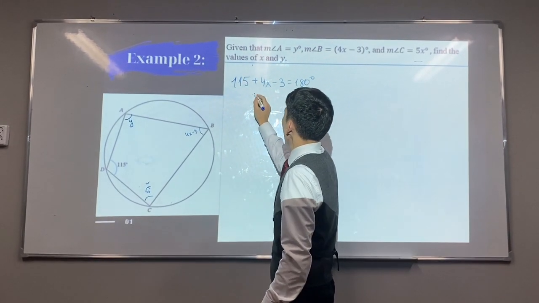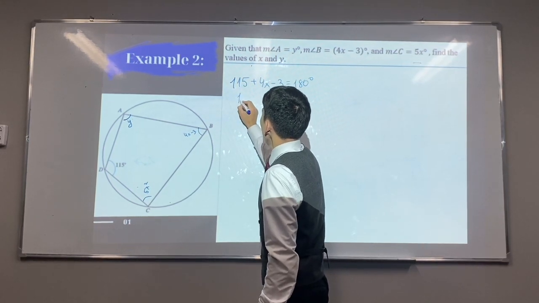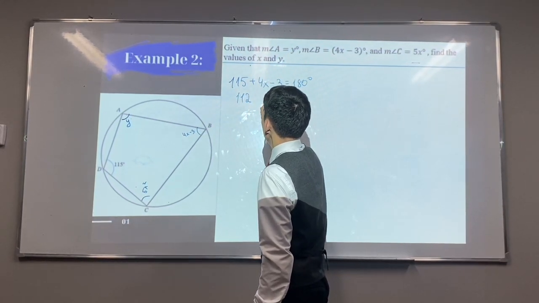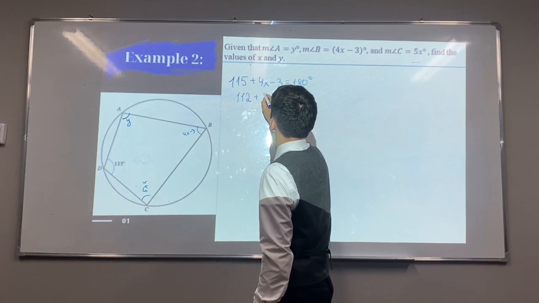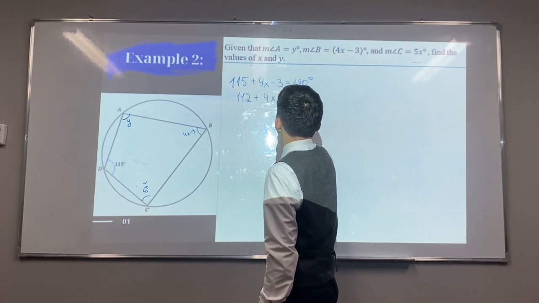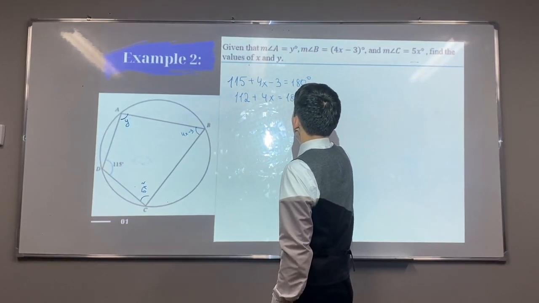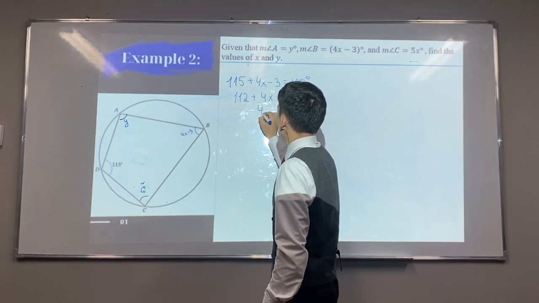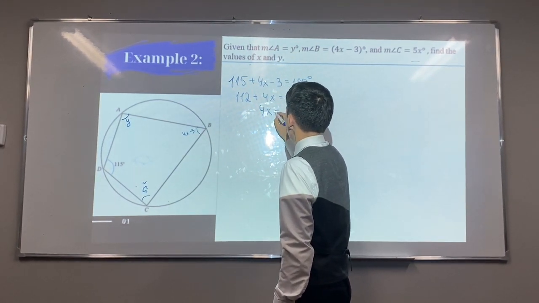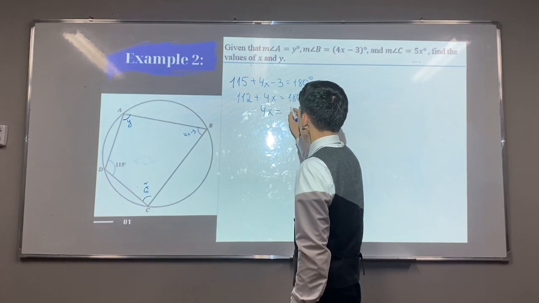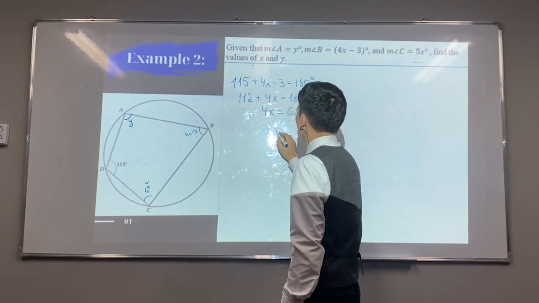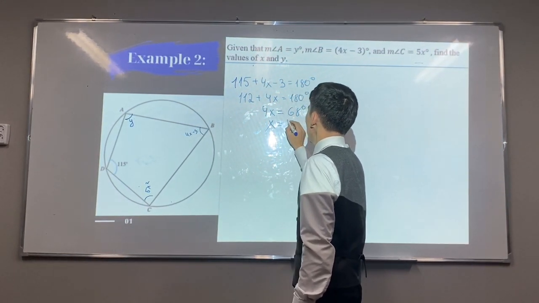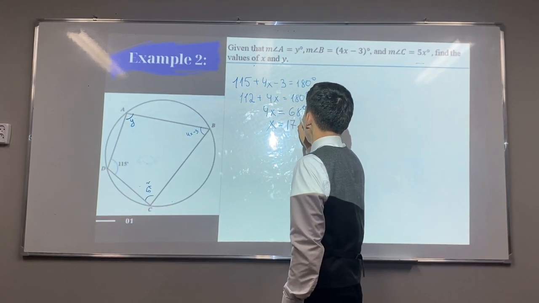Then 112 plus 4x equals 180 degrees. Then 4x equals 68 degrees, and x equals 17 degrees.